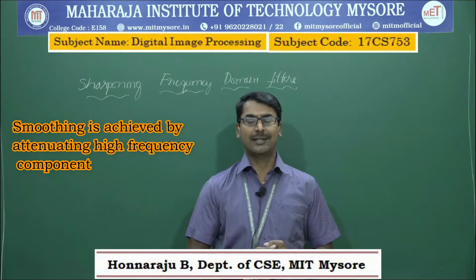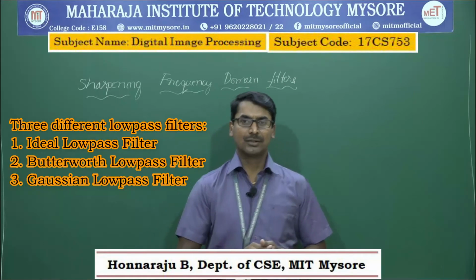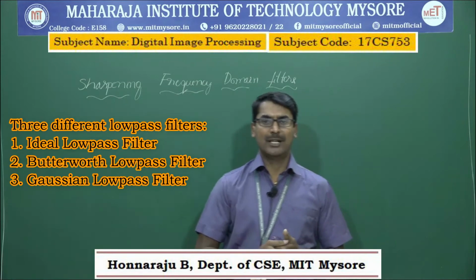Sometimes edges and noise pixels contribute more in the image. In order to attenuate the sharp changes, meaning noise or edges, we use a smoothing filter. There are mainly three types of smoothing filters: the ideal low pass filter, the Butterworth low pass filter, and the Gaussian low pass filter.